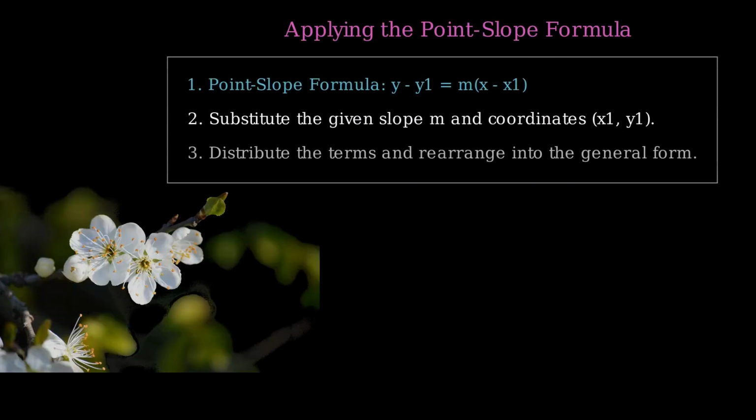Let's practice finding the equation of a straight line using the point-slope formula. When we are given a specific coordinate and the slope of the line, we can substitute these values directly into the formula, y minus y1 equals m times x minus x1, and simplify it into its standard algebraic form.